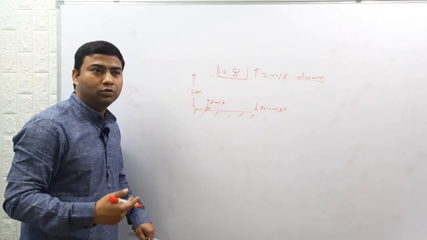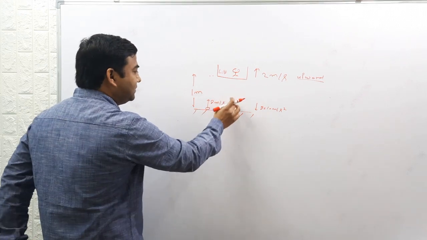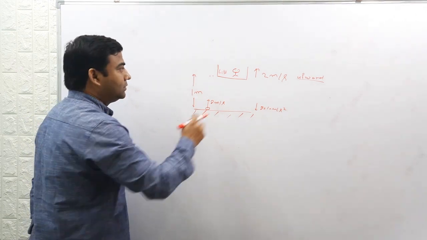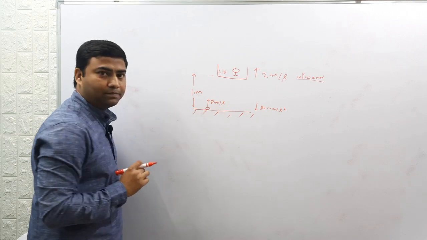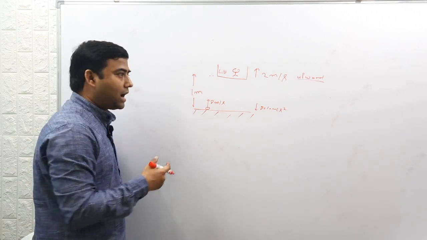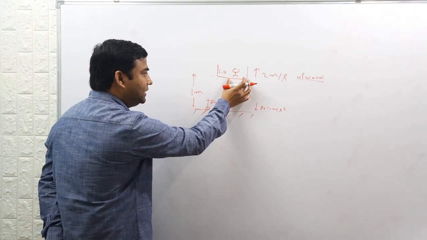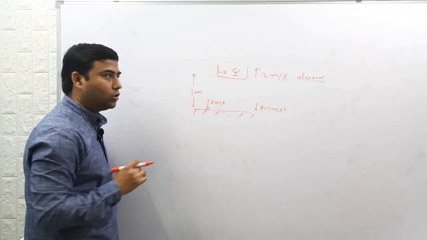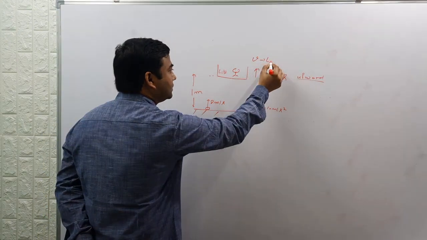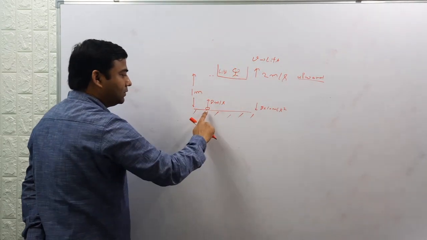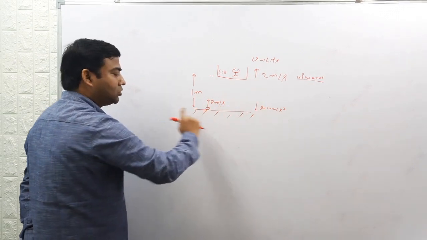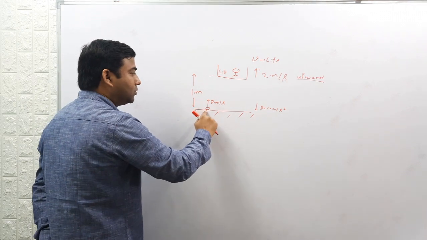then what do I have to do to analyze the motion? As I have changed my frame from the ground to this moving lift, to observe the motion of this particle, I have to reduce the velocity of the lift from the velocity of this ball, or I have to add minus v velocity, where v is the velocity of the lift, to this object.